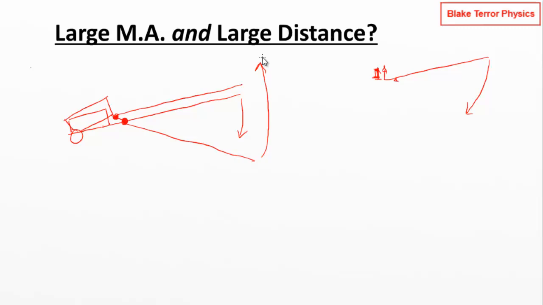Once we've raised the lever back up again, we can then drop a new pin in, as in we've raised now the pivot point of the original class 1 lever, and we can just repeat this over and over again. So we're going class 1 lever, lift up a bit, so we've moved up a certain distance, set that as the pivot of a class 2 lever, raise the lever up, set a new pivot point which is higher up for the class 1 lever, and then raise up again.